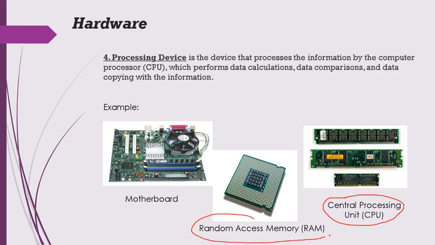The RAM here will serve as the temporary storage of the data, and the motherboard here is what connects all the hardware devices. It is the board where all the devices pass through, and it makes them work.